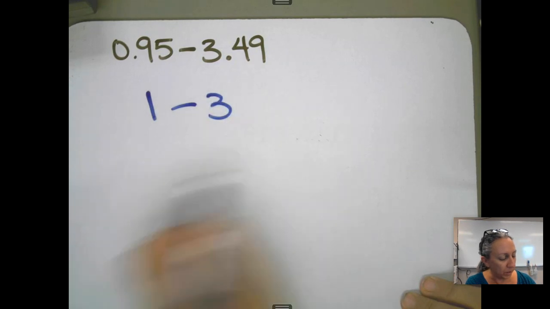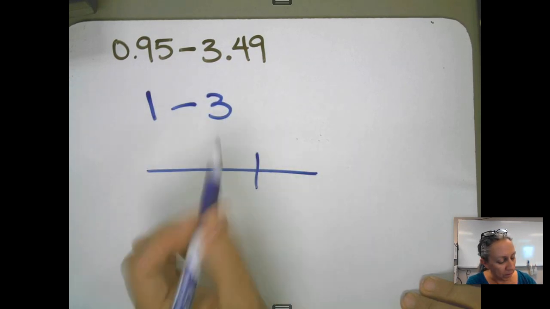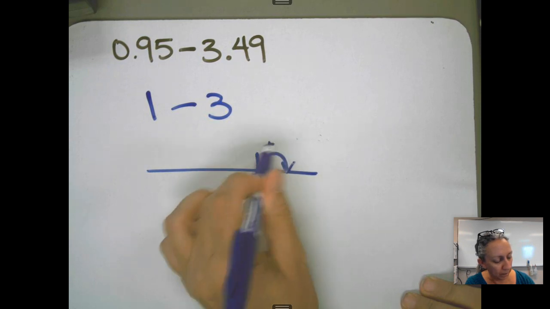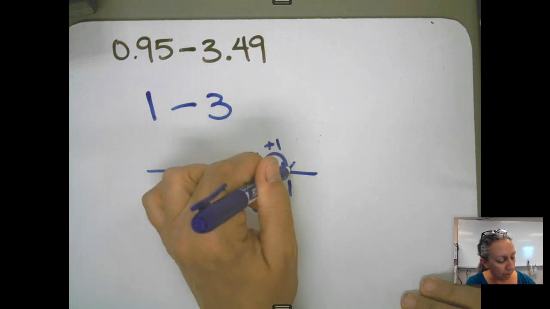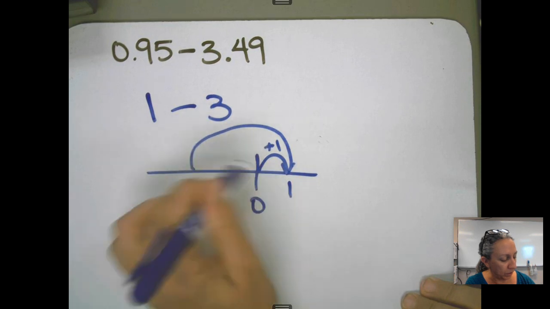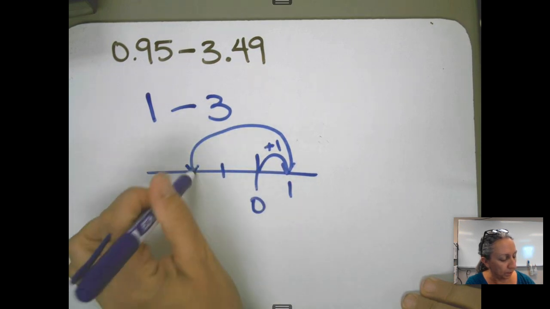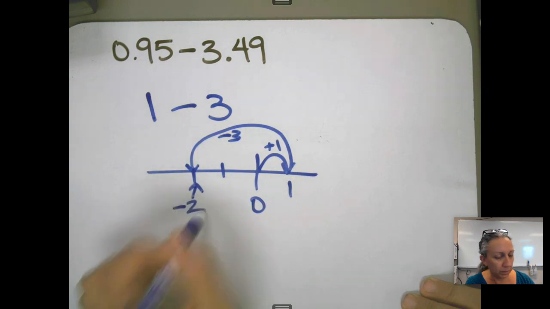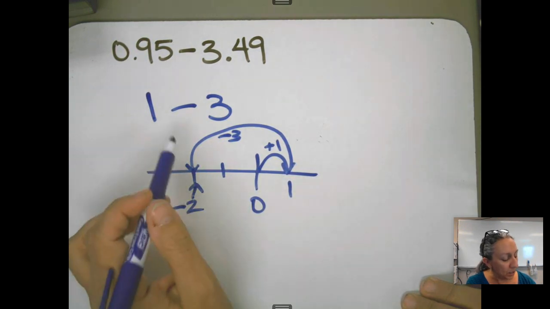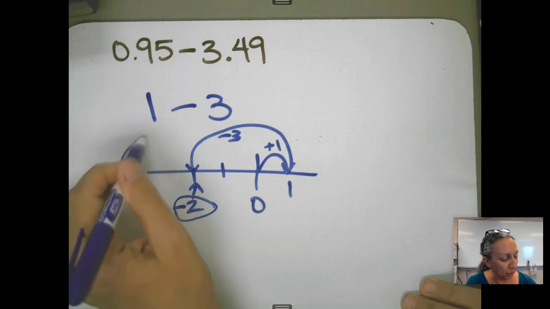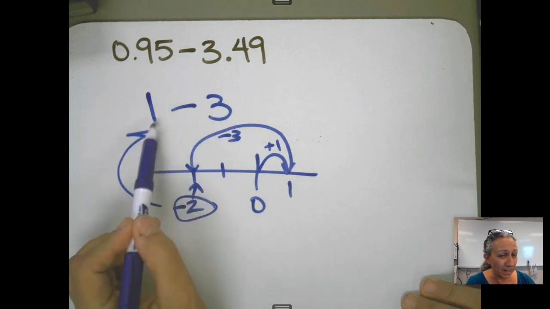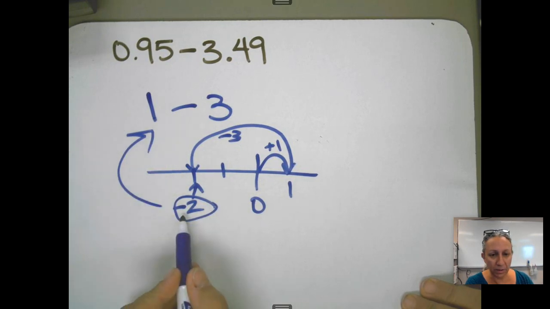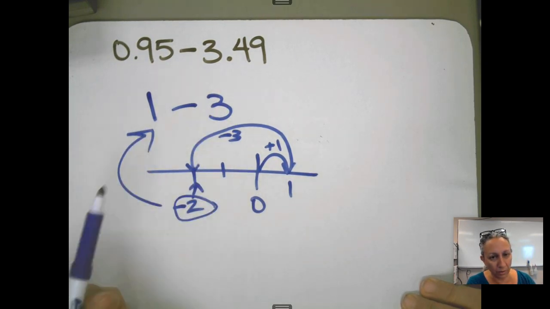So if you were going to do 1 minus 3, you might start at 0 and go forward 1, and then go negative direction 1, 2, 3, and you would end up at negative 2, right? But then you could take this answer and look back up at the original problem and think, well, 3 minus 1 is 2. And I just needed the negative in front of it because they're in the wrong order.